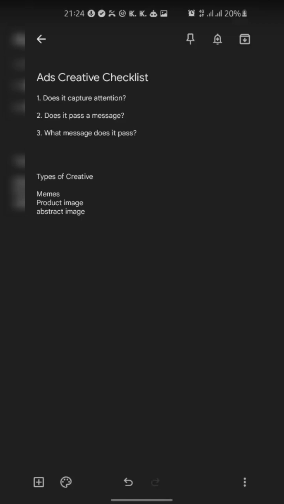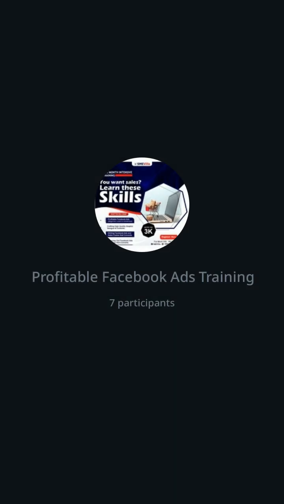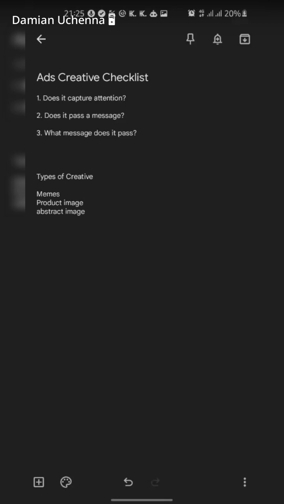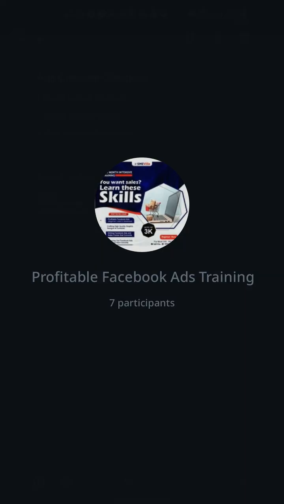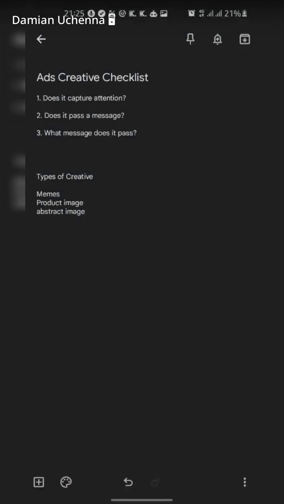some will even go as far as putting their account number on their ad so that the person will make payments and then come to their DM to paste the receipt or whatever. Well, that's you trying to sell directly on your ads. And it might work for you, but for the most part, it doesn't work. So it works and then it doesn't work, right?